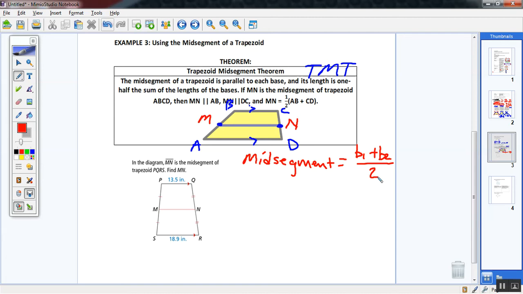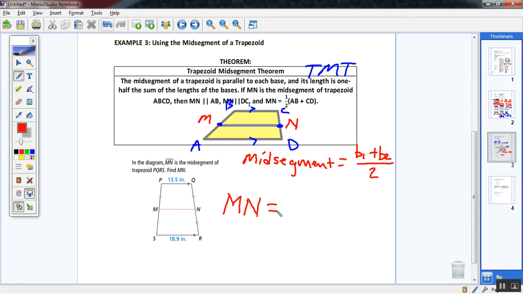Okay, so let's look at this right here. It says in the diagram, MN is the mid-segment. It says find the distance from M to N. Well, what's MN parallel to? PQ and what? So how are you going to find this length from M to N, kids?